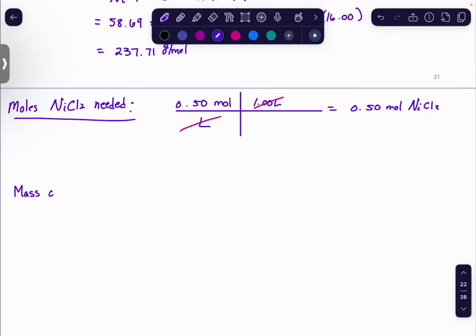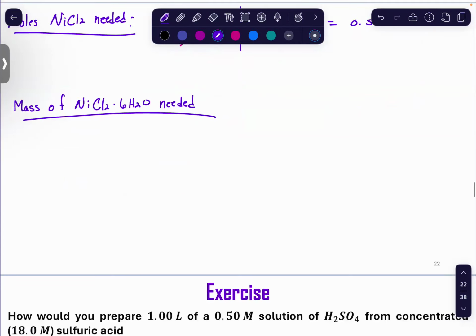What mass of the hydrate are we going to need to accomplish this? Okay, so I know I need 0.5 moles of the entire thing, and I know that the hydrate is 237.71 grams per mole.